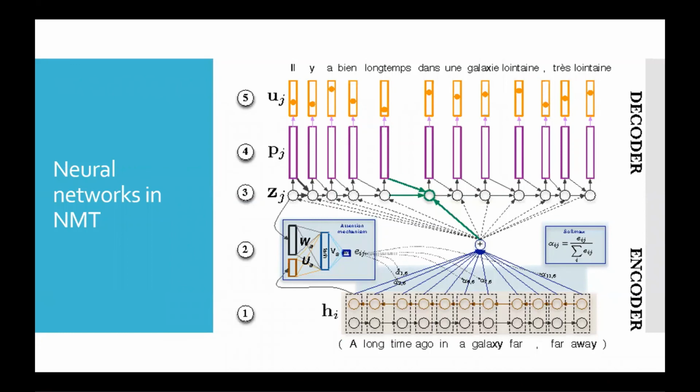This is a diagram which tries to represent how a neural machine translation system turns a very famous English sentence, a long time ago in a galaxy far, far away, at the bottom there, into French.